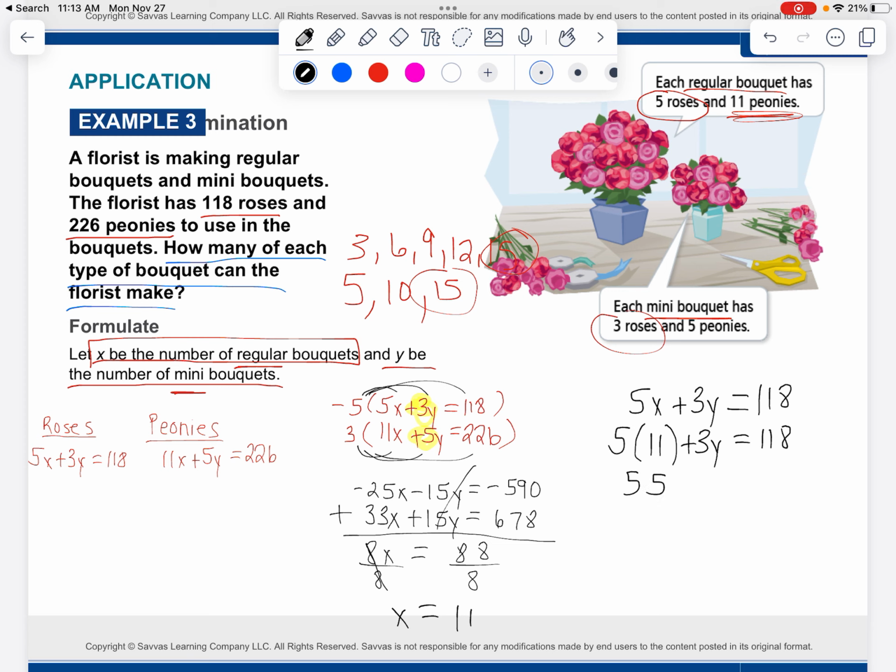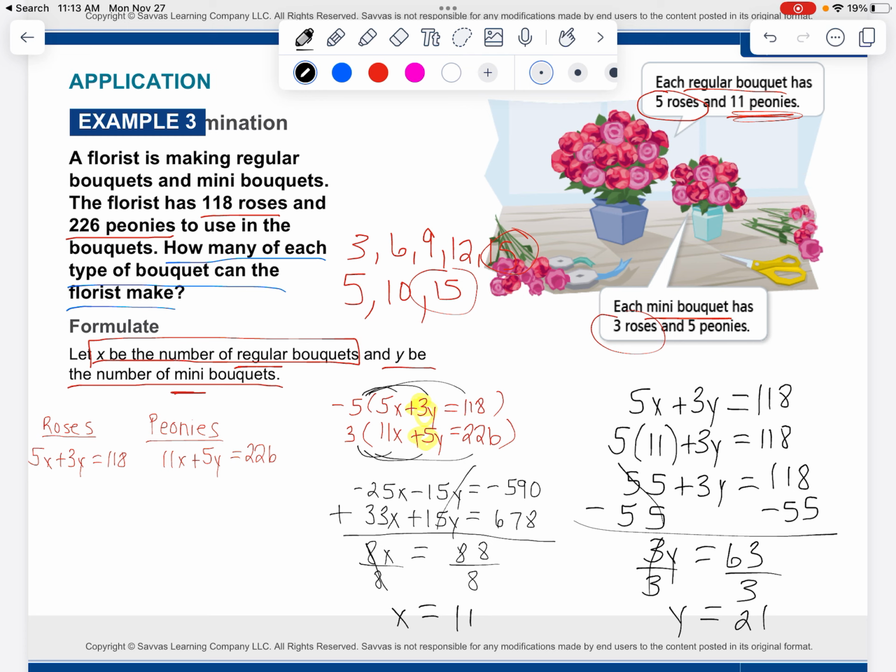We then have 55 plus 3Y is going to equal 118. Subtract 55 on both sides. 3Y is going to equal 63. And when we divide by 3, we end up with a Y of 21.